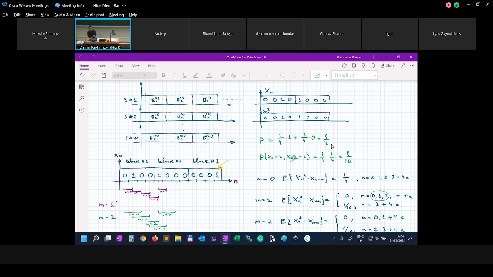Then my question, what will be the autocorrelation function at 0 for such a sequence?